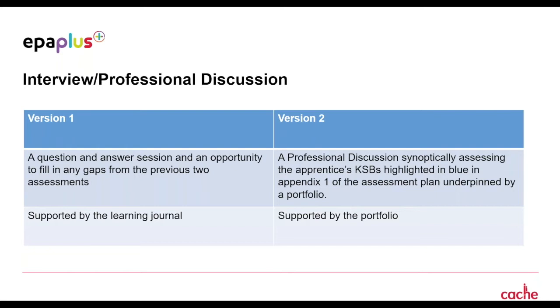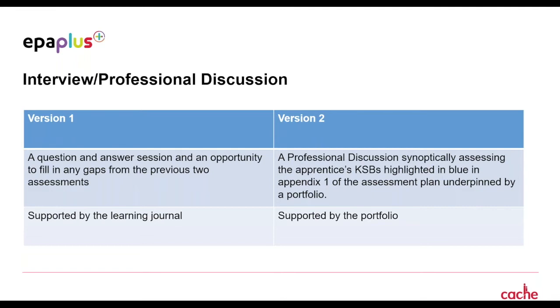However, in version 2, there is a professional discussion, and that synoptically assesses the apprentice's KSBs highlighted in blue of Appendix 1. So this is a really, really important distinction to make, a distinction between an interview and a professional discussion, because an interview can be more of a question and answer session, which is what you used to have had your apprentices be assessed against version 1.